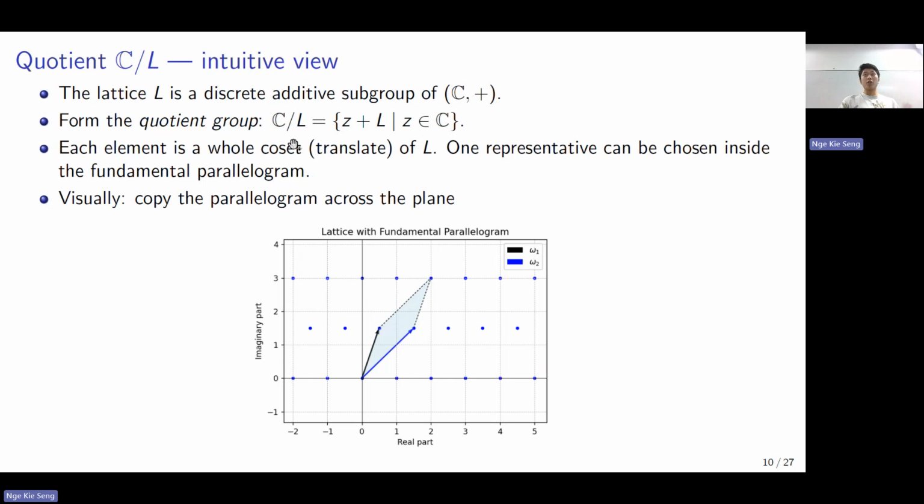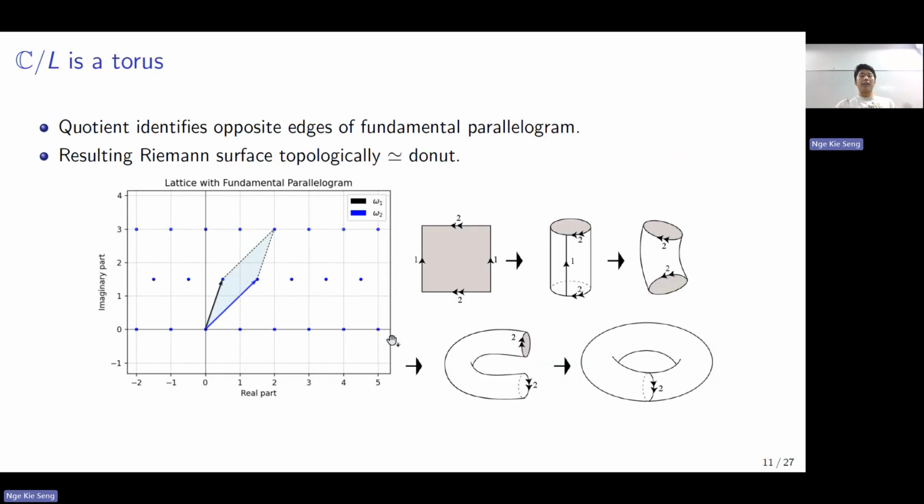All points in this quotient group can be seen as sitting in this parallelogram. And you can imagine that if you move from the left side, you eventually reach the point that is equivalent to the right side. If you move up, you will eventually reach a point which is equivalent to those that are down. So this parallelogram is actually a torus. What is a torus?